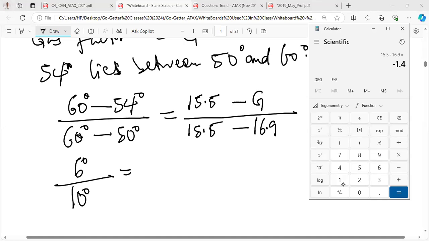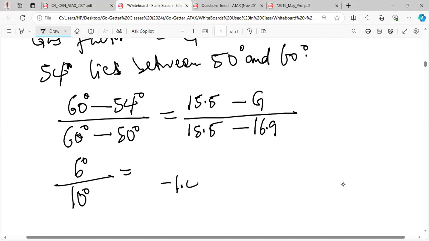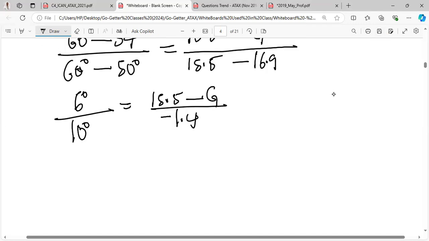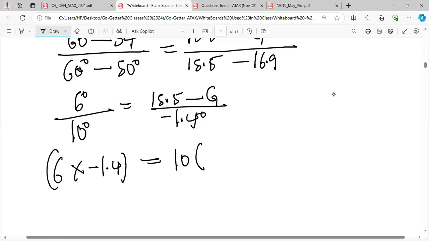So here is minus 1.4, and the top is just 15.5 minus G. All right, so we cross multiply, it becomes 6 multiplied by minus 1.4 is equal to 10 multiplied by 15.5 minus G.